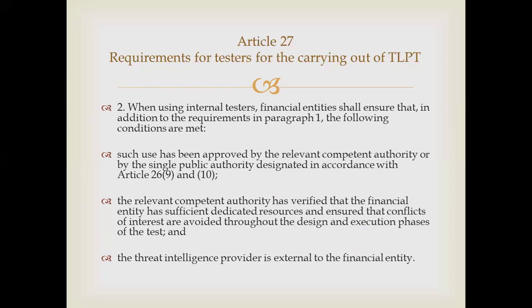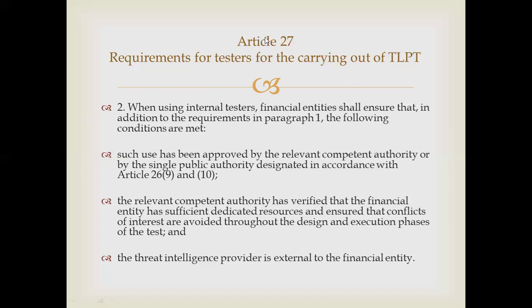So which means the competent authority must be satisfied that the internal testers are well funded, they have the resources, they have the tools, and that they are fully independent. Then also that the threat intelligence provider is external to the financial entity.